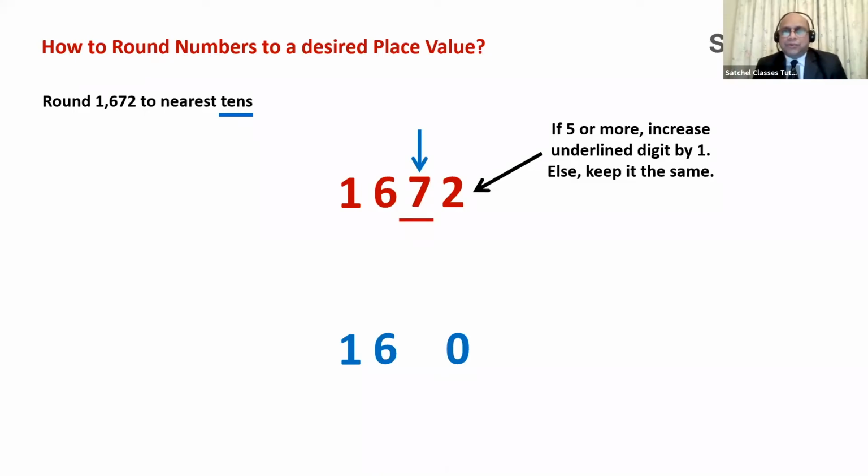Because we have a 2 to the right of 7, which is not 5 or more, we keep the digit 7 as it is. So your final answer is the number 1672 rounded to nearest tens is 1670. Let's take one more example.